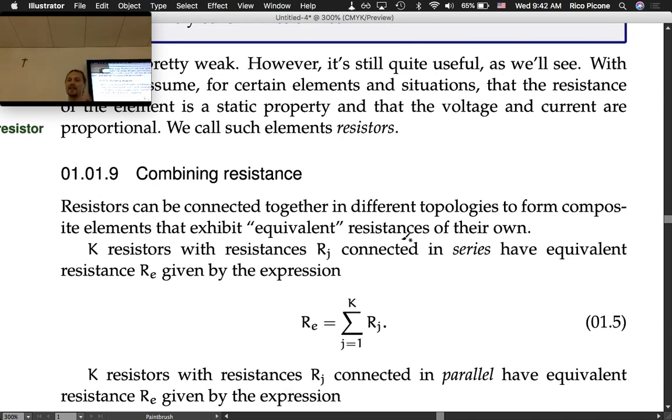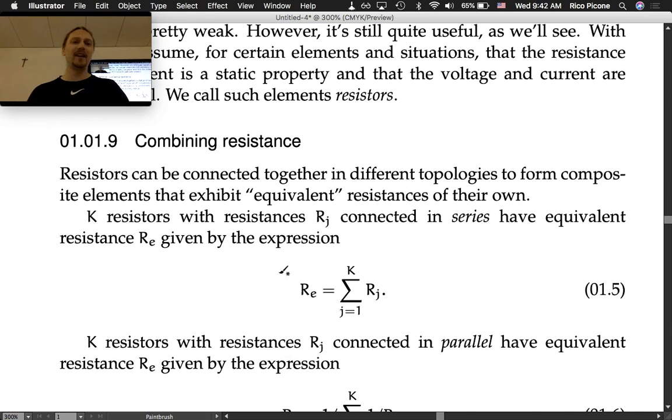Combining resistance. This is something I think you guys have also seen. Resistors can be connected together in different topologies to form composite elements that exhibit equivalent resistances of their own. I've noticed when students panic on exams, they just start combining resistance. At some point, some teacher pounded how to combine resistances into your head in parallel and series, and that's the default.